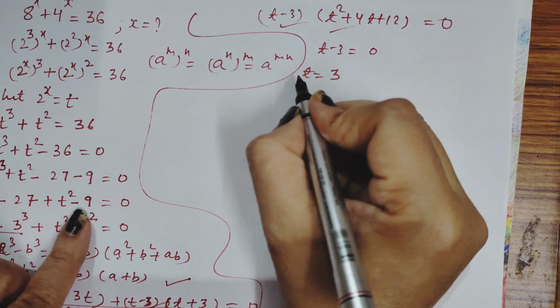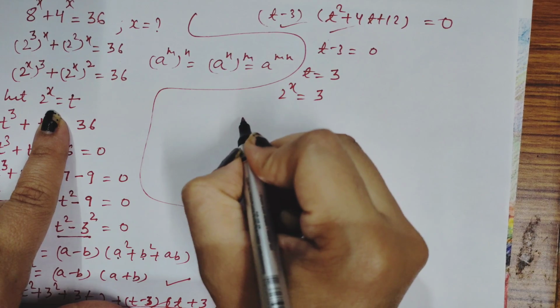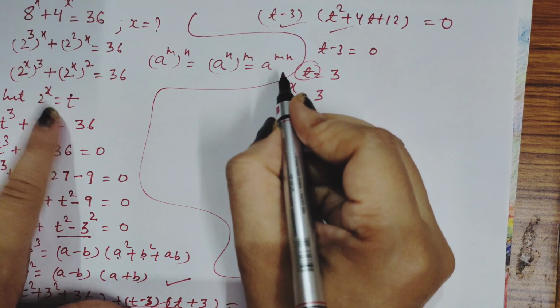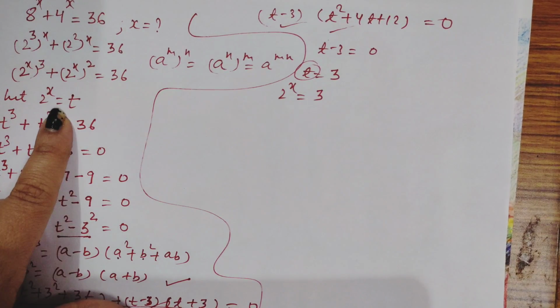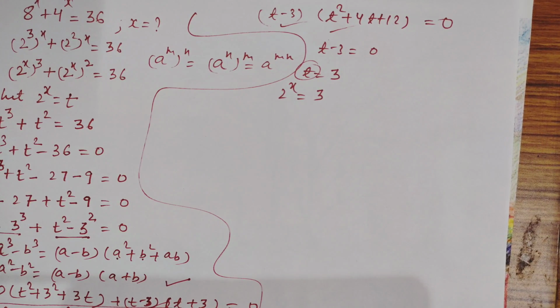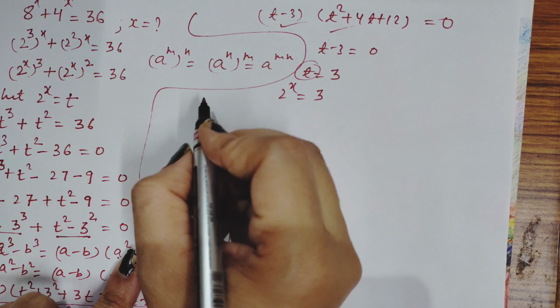Now recall what our t is. We considered t as 2 power x, so 2 power x equals 3. Now how to find this x value? Here we will apply the logarithm rule.